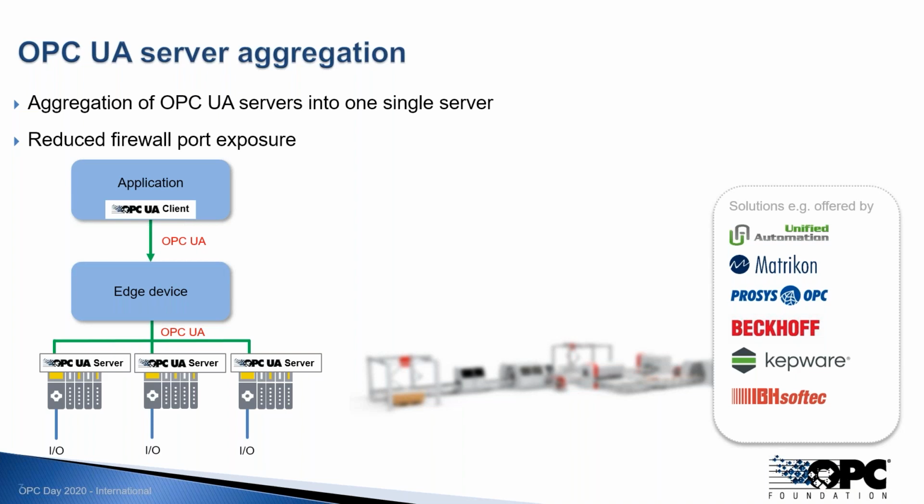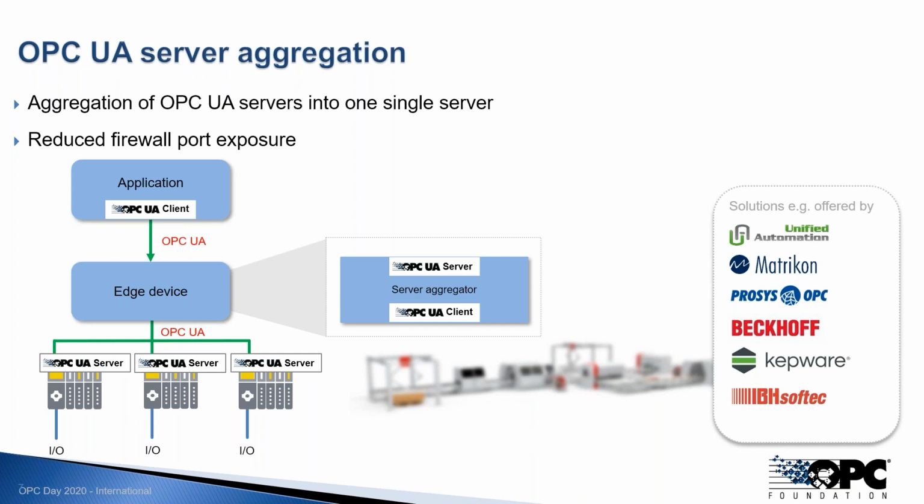That, in contrast to the discovery principle, where discovery is just providing us a list of entry points to the different servers. Still, you need to connect as a client. You would need to connect to all the different servers. An aggregation of the servers means that we are aggregating the data into the edge device, and they are provided within one OPC UA server as one entry point for the applications from outside.